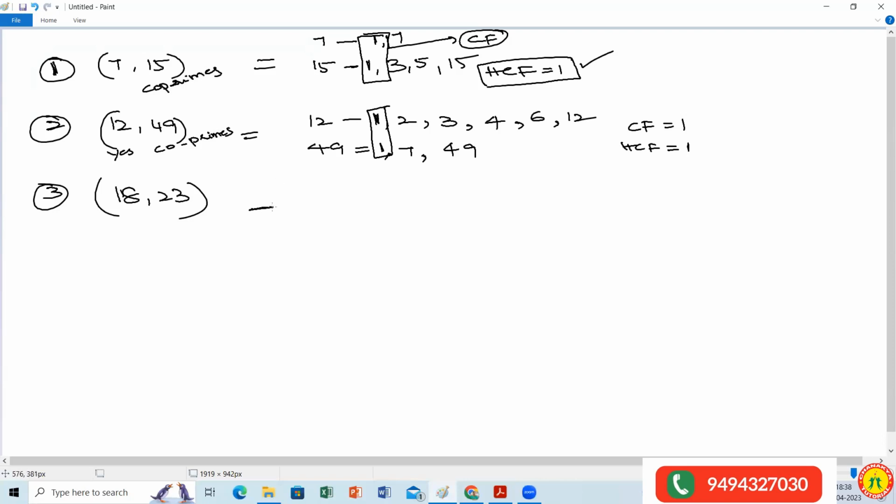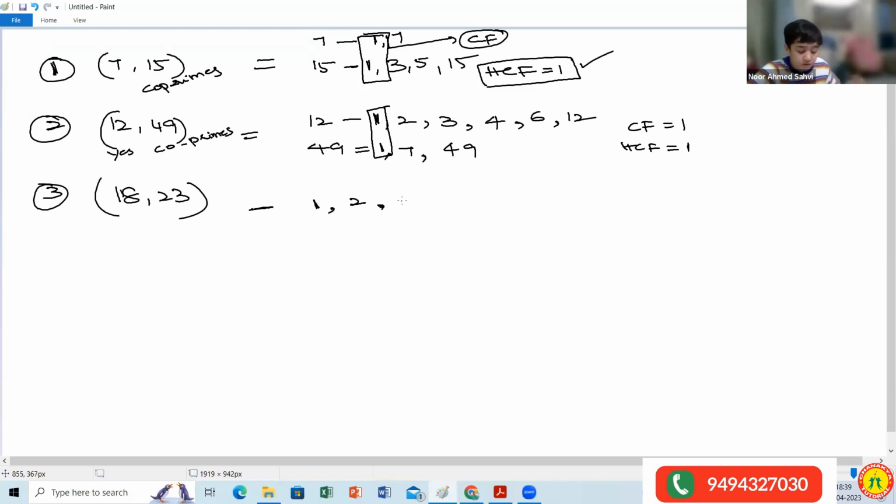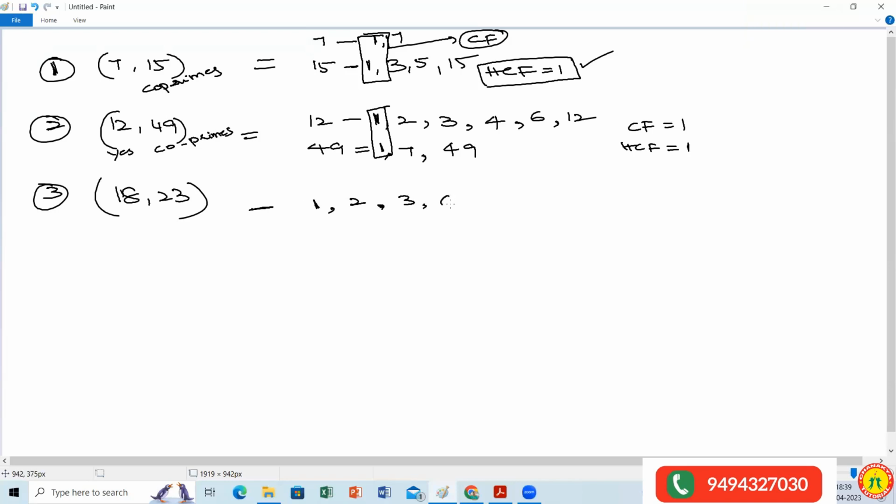Now check 18 and 23. What are the factors of 18? 1, 2, 3, 6, 9, 18, very good.